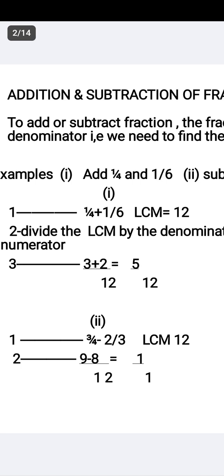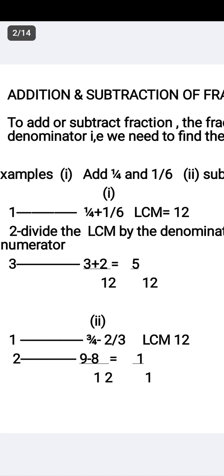We put minus because we are subtracting. Then the other fraction, which is 2/3, we divide 12 by the denominator, which is 3. 12 divided by 3 is 4, sorry for the mix-up. 4 times 2 is 8.